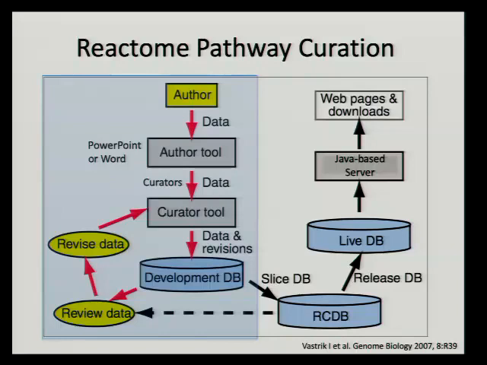We also ask another set of external biologists to do peer review, so as you can see, the process is just like a journal publication. By doing this, we really try to ensure high quality for the community. Before actual release, we use a tool called the Slice Tool to slice the release-ready content into a production server, and then go through another big set of software to get our content into the final web application.